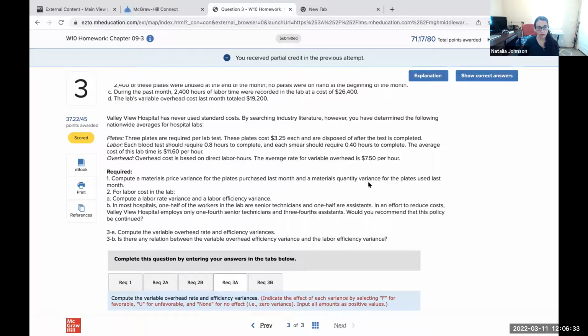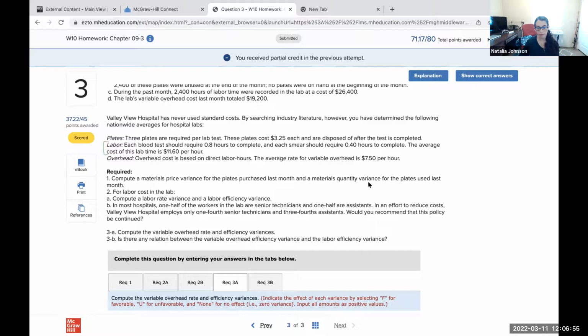Then you said 1160. It says right here labor already. When they give you a price for a standard, we won't need it because it's 1160 per hour, what they pay for direct labor.